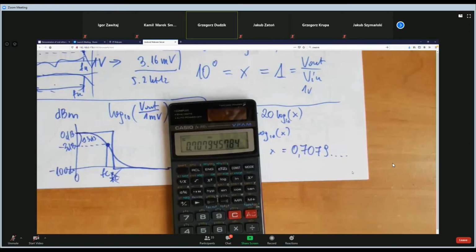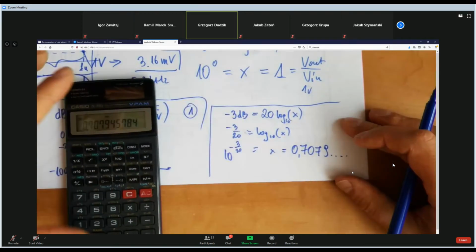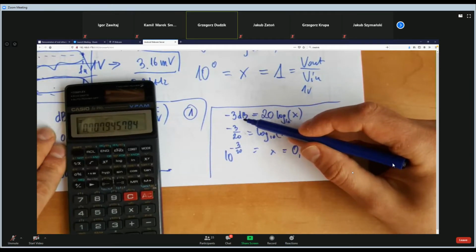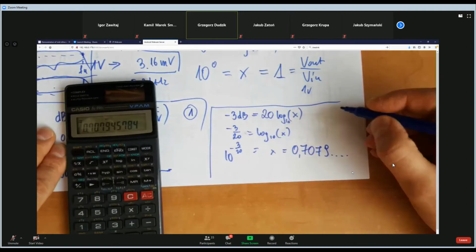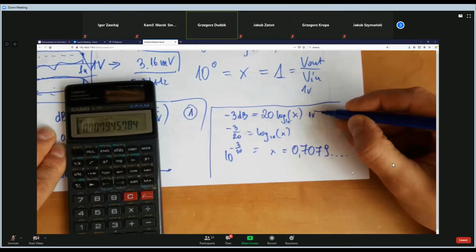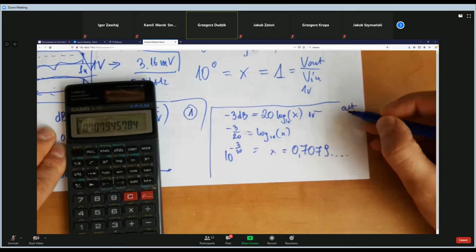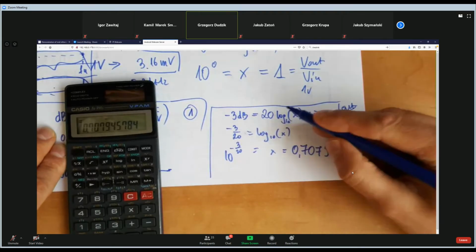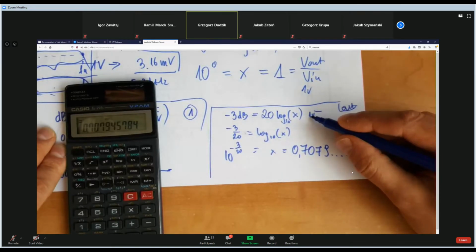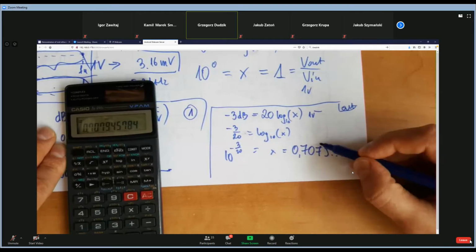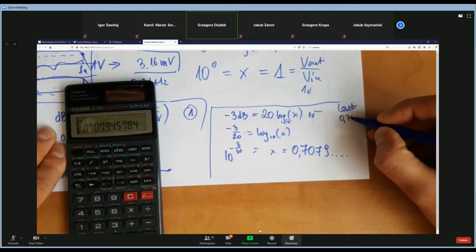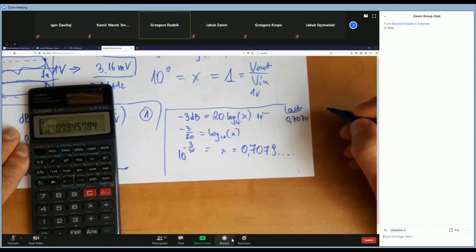What does it mean? If our signal is dropped by minus 3 dBs, it means that if you have 1 volt on the input, on the output the magnitude decreases by that factor, so it will be 0.707 volts.